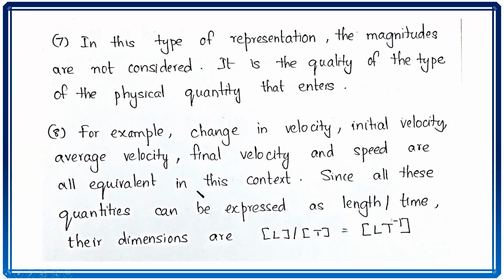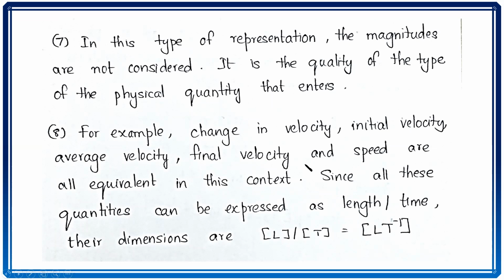These are all equivalent in this context. That means if you take any type of velocity, the dimensional formula is the same. It may be instantaneous velocity, average velocity, initial velocity, final velocity, change in velocity, or a scalar such as speed. In all these things, the dimensional formula is the same.